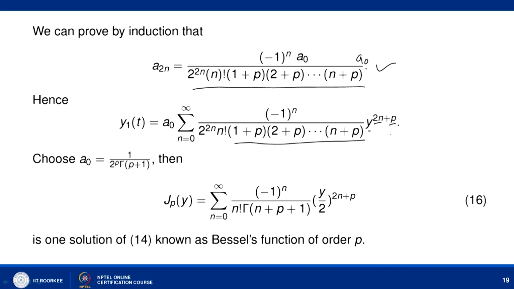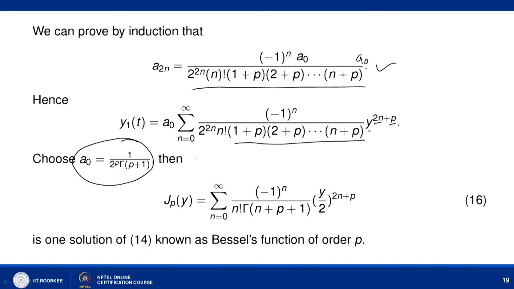Now for simplicity, if we take a naught as 1 upon 2 to the power p factorial p plus 1, we will see why we are choosing this value. We will discuss it later on. When we choose this value, a naught equal to 1 upon 2 to the power p gamma (p plus 1), then this expression will take a simpler form.